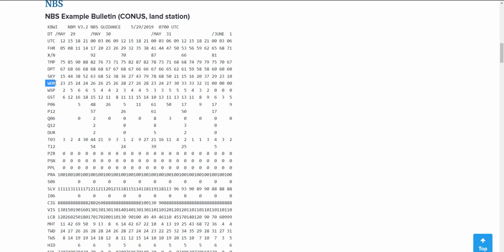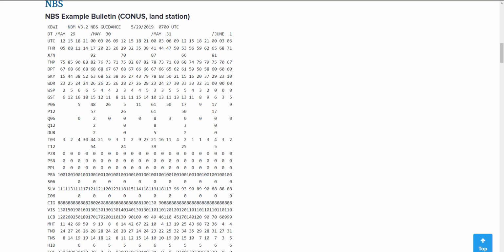Now, wind direction, WDR, this would be the direction of the wind and where it's coming from. So you have to look at these numbers and you have to put an imaginary zero at the end. So as this reads 23, this is really going to be 230, 250, 240, and so on and so forth. And what does that mean?